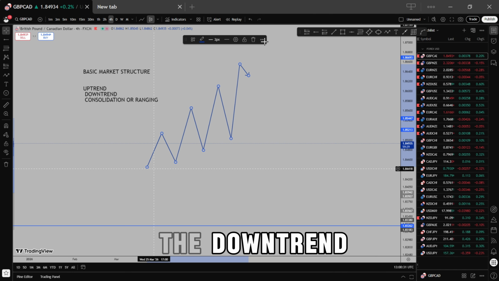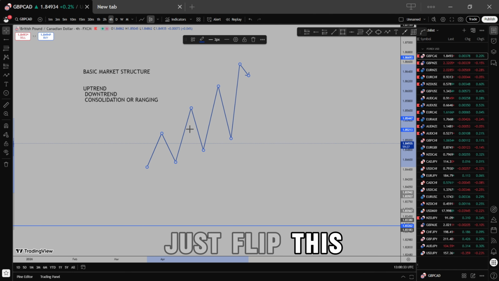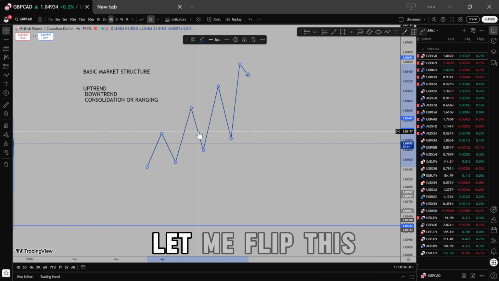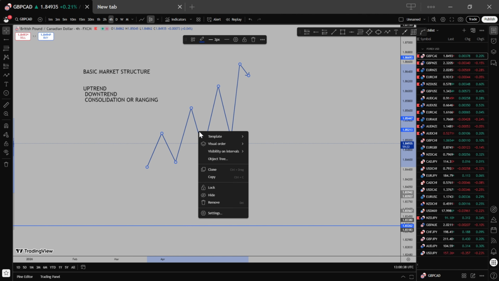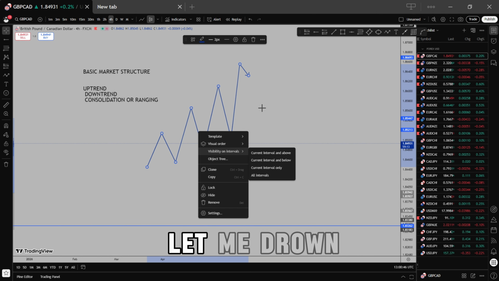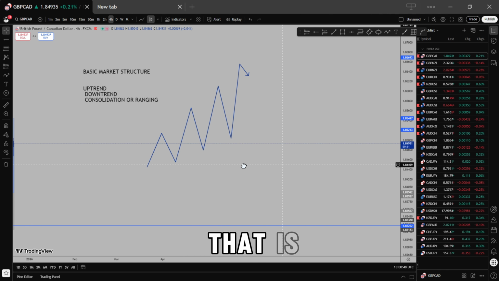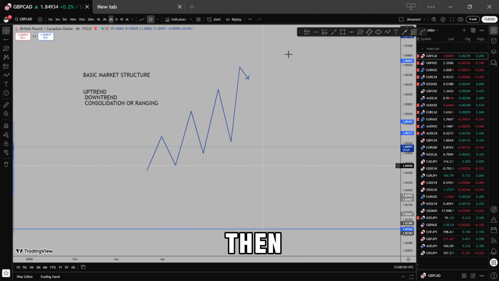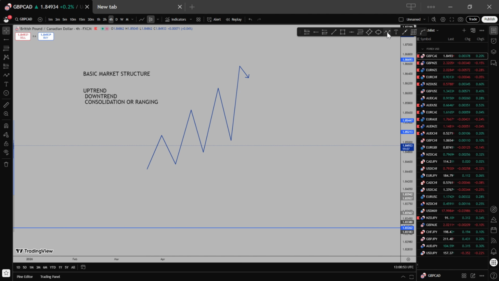Now for the downtrend, I could just flip this. Let me draw that one. So basically, that is the uptrend. Then this is your downtrend.